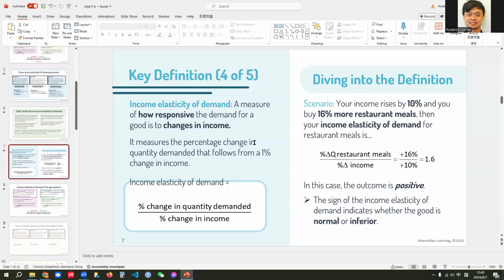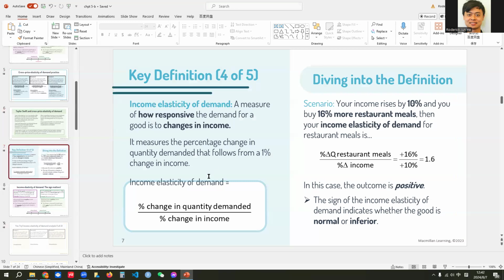Then let's look at the second version of elasticity. So elasticity is not just within a good. It's not just a price quantity relationship, or more specifically, a magnitude comparison between price and quantity change of one good. Here it can be used to evaluate other changes in terms of comparing that magnitude.